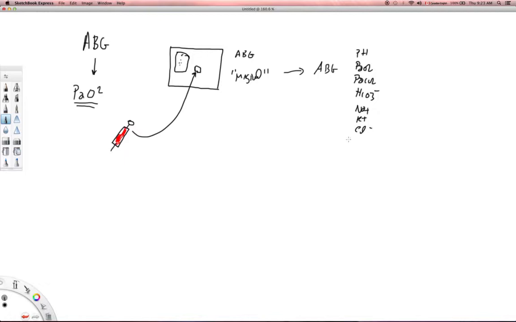And if you do co-oximetry, it may be able to give you methemoglobin, carboxyhemoglobin, etc. So I'm going to talk a little bit about this magic that goes on, specifically measuring the PaO2, the partial pressure of oxygen in this sample of blood. That is the specific analytical technique, and of course this is very important in clinical medicine. It's very helpful for looking at how well a patient may be oxygenating.